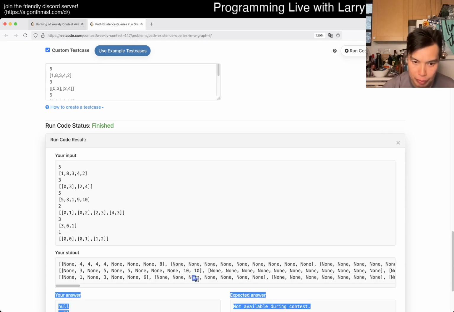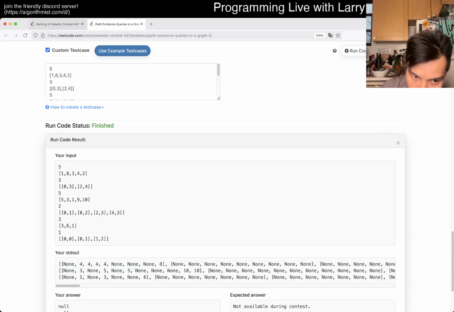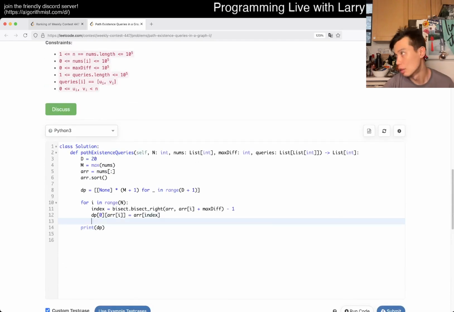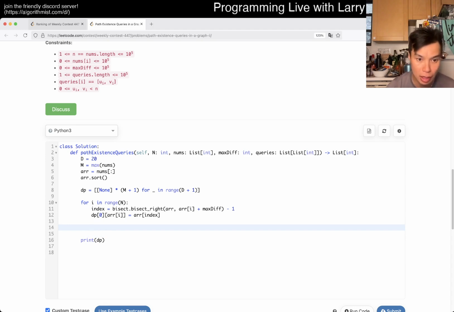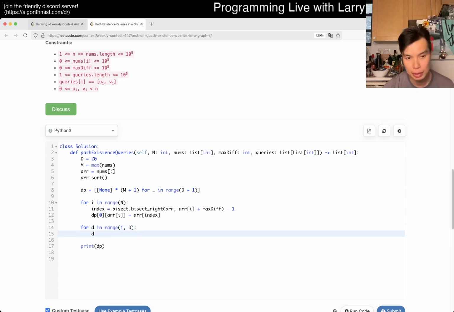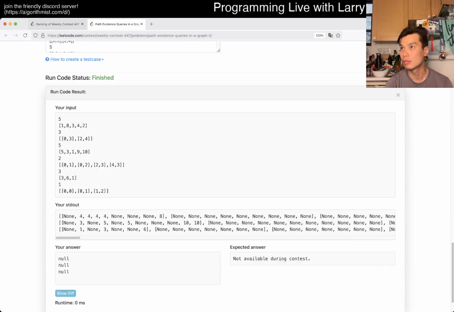Okay. So then now how do I do the merging step for the thing? Yeah, okay. So then now for d, small d is range of d, dp of d. Okay, right.